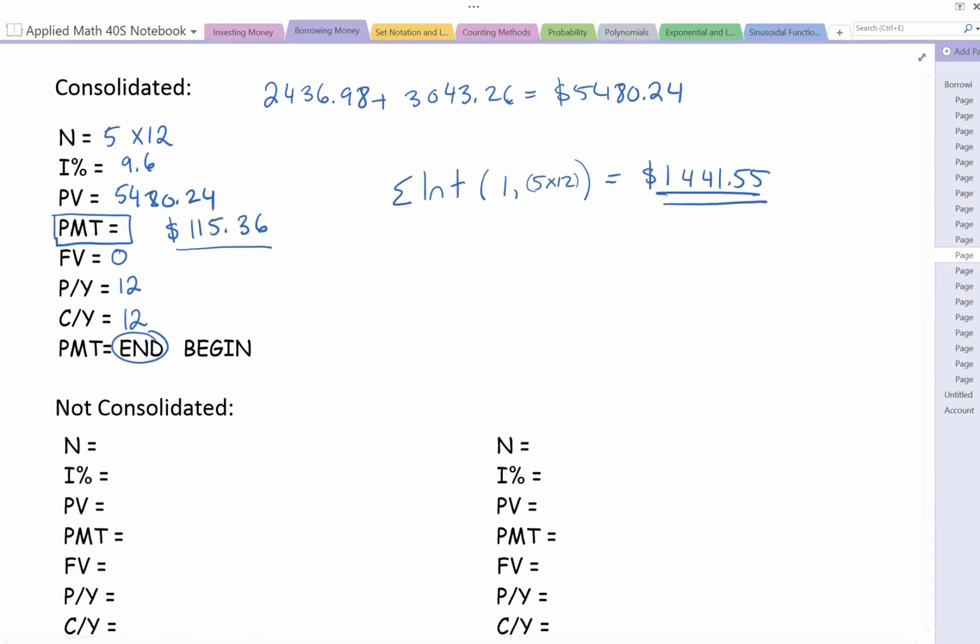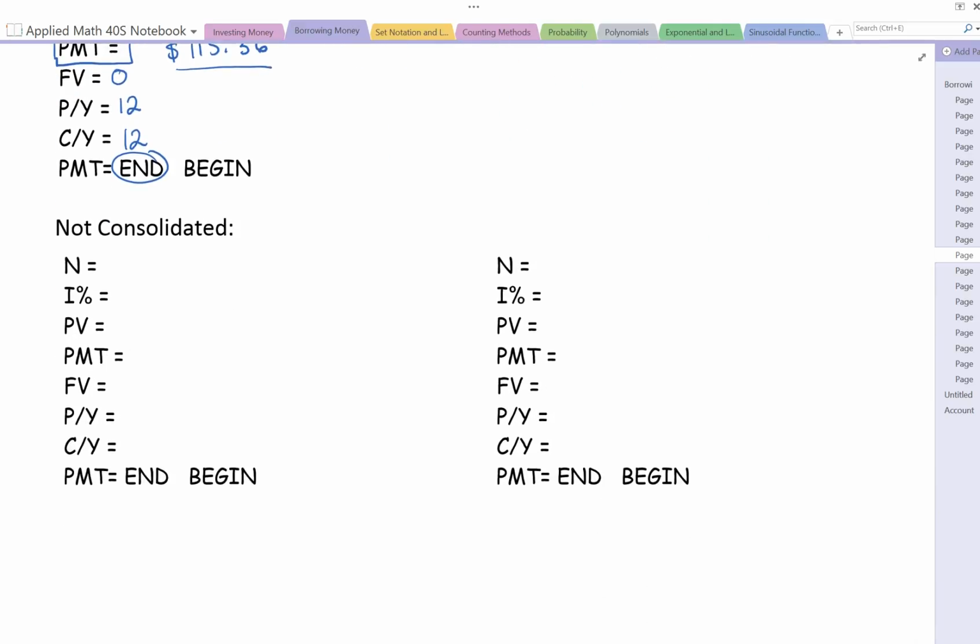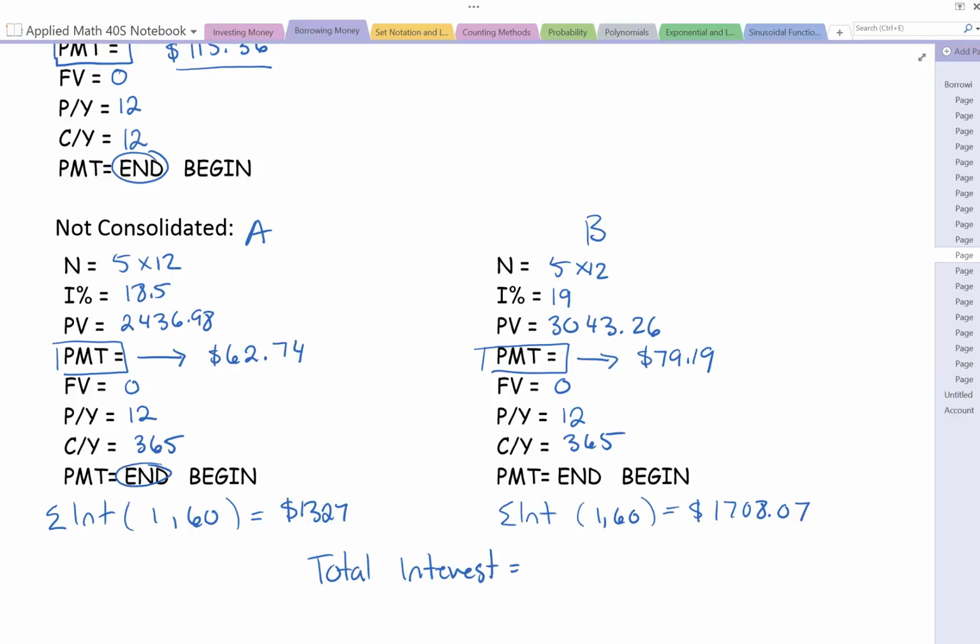If we did this separately, not consolidated, what would that look like? So I would like you to take your time, go through both credit card A and credit card B and fill out the TVM solver, figure out what your monthly payments are for each of those, and then figure out what your interest would be for each of those, and come back and check your answers with my answers.